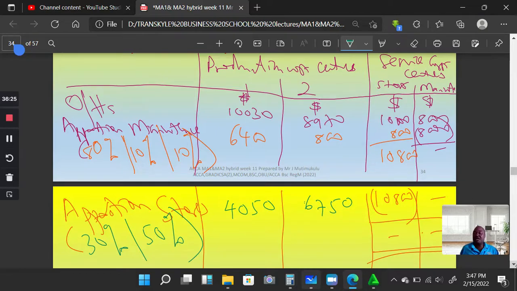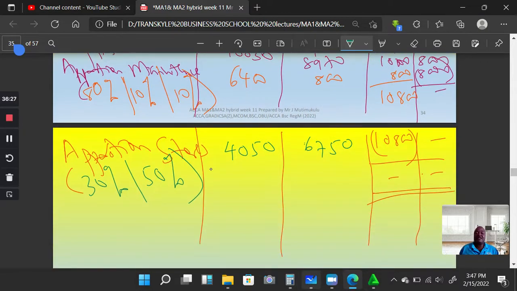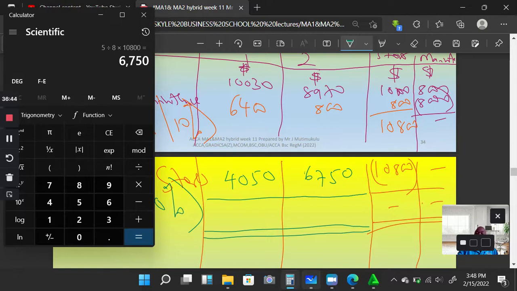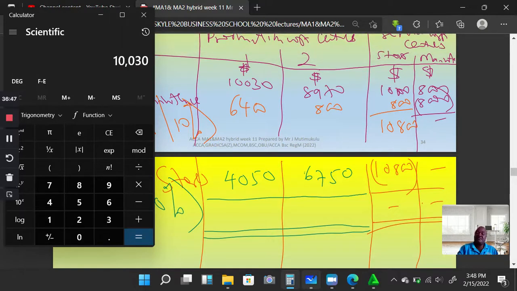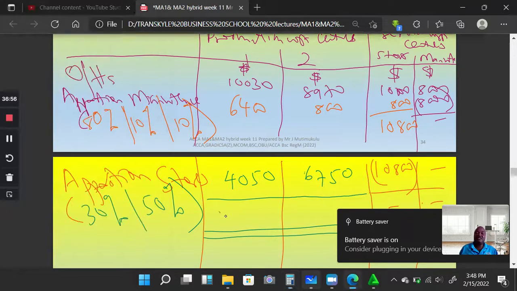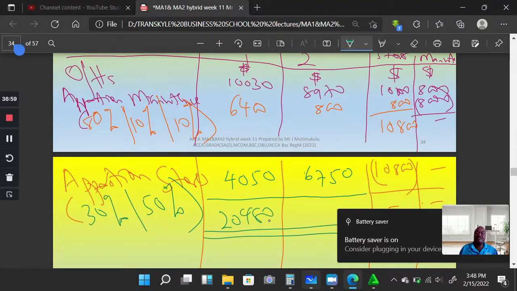Then when we do that, let's get the total. These are the total overheads for these two production cost centers. If we add up, let's use our calculator, 10,030 plus 6,400 plus 4,050, we get 20,480.